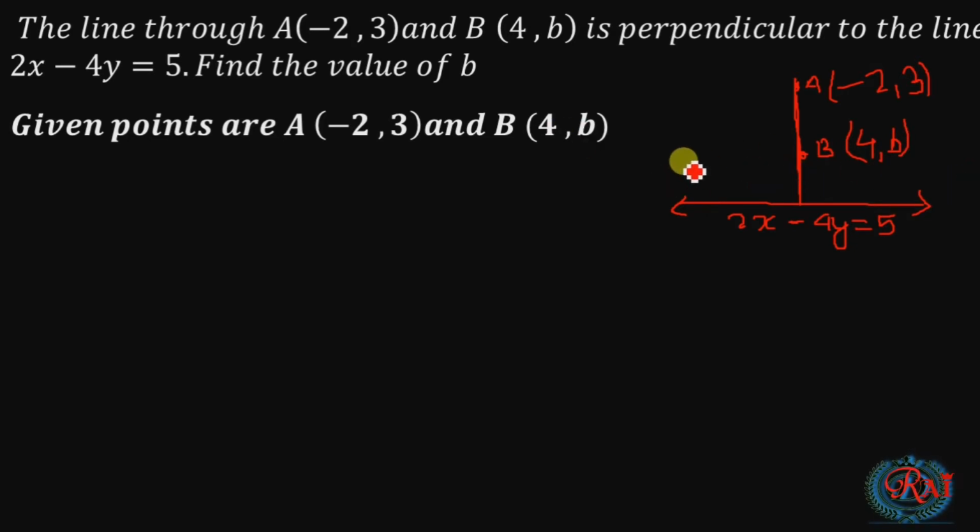And according to the question, these two lines are perpendicular to each other. So first we will find the slope of AB.